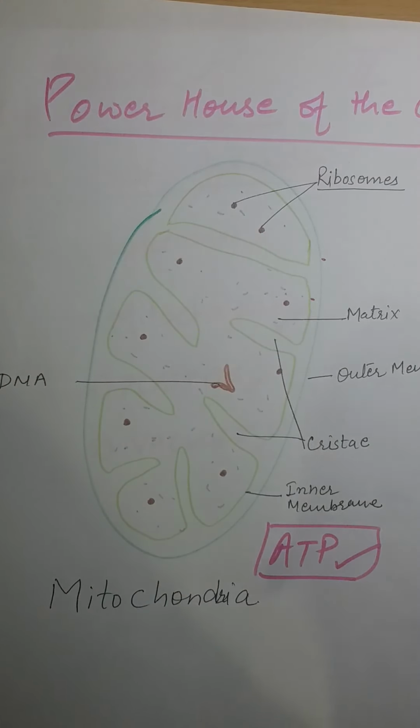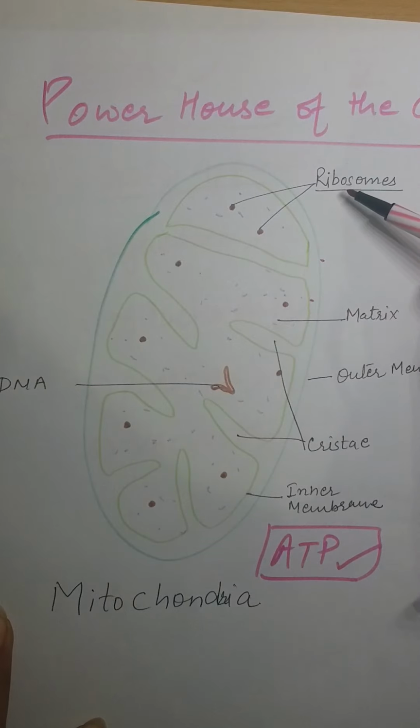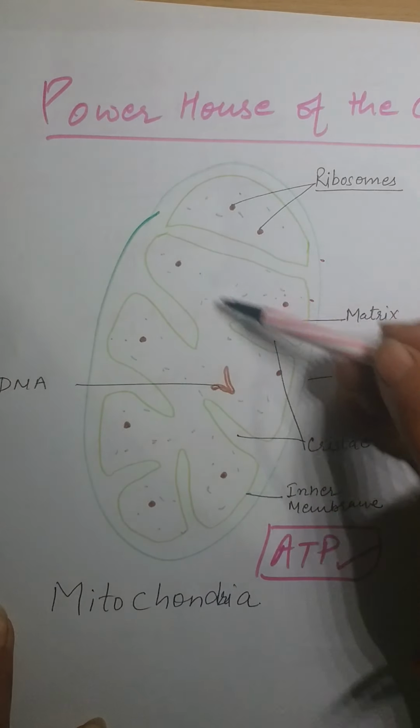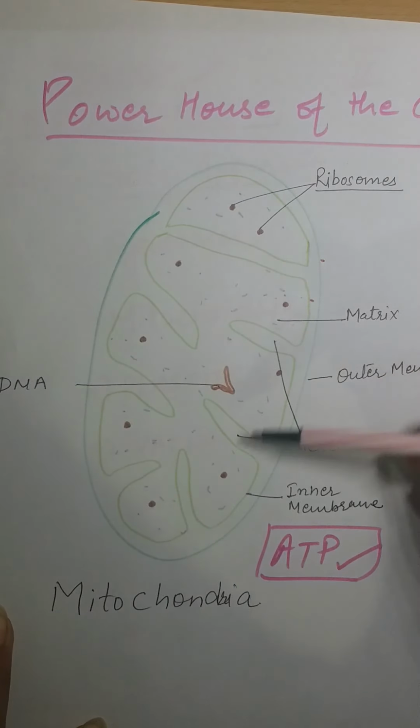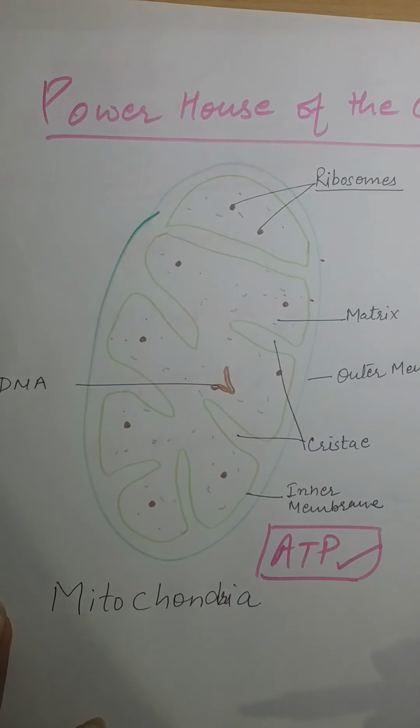And a special thing of mitochondria is what? It is having its own DNA and own ribosomes over here. And the fluid which is present over here is called matrix. And these projections are known as crests.